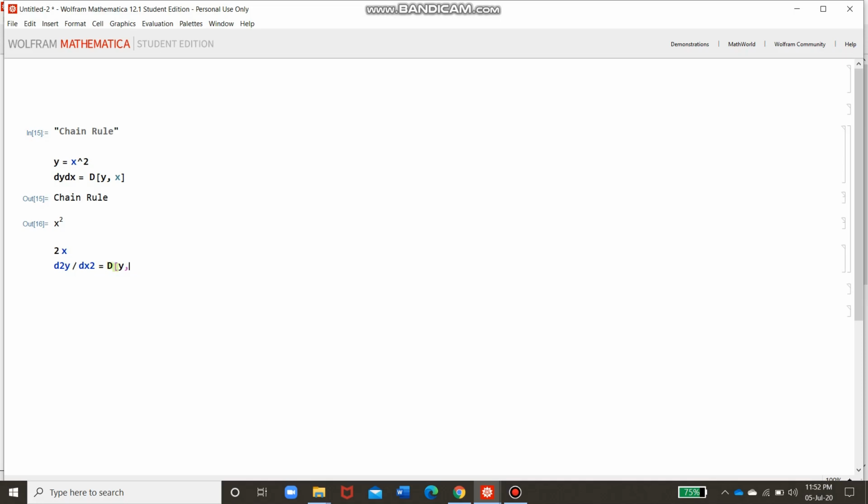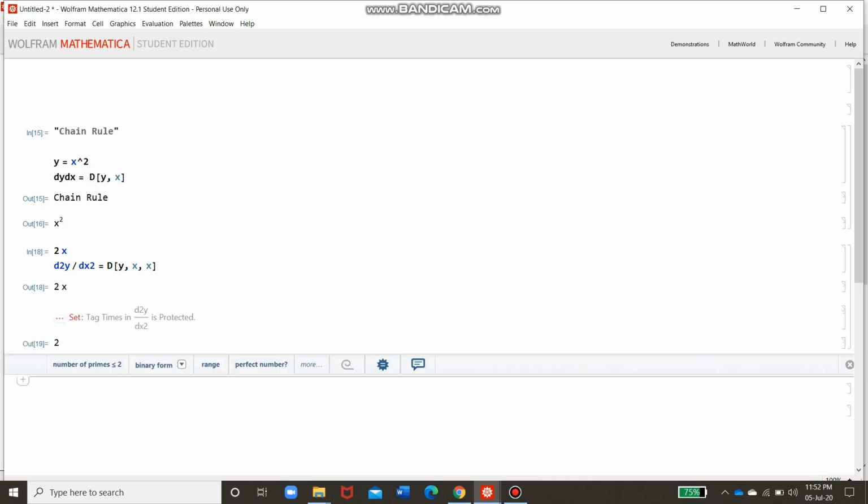So if I put x, it's only differentiating once. If I put comma x again, it's differentiating twice. So what is the answer? I'm getting it as 2. So if I do further differentiation, your answer is going to be 0.